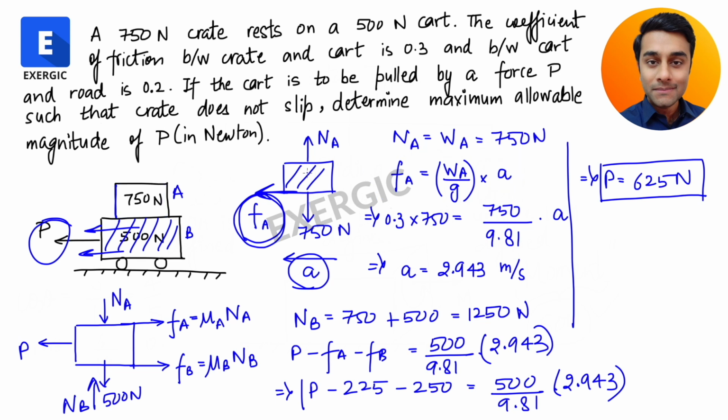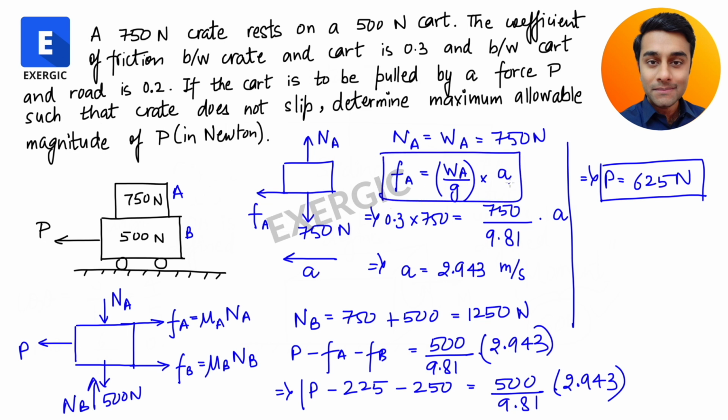If you apply any acceleration higher than this one which you are calculating, then this crate will not be able to move further, because the force acting right now is the maximum value of limiting friction, static friction, mu s N.